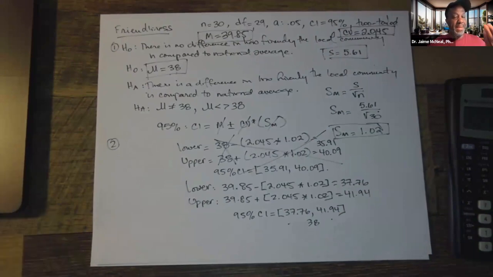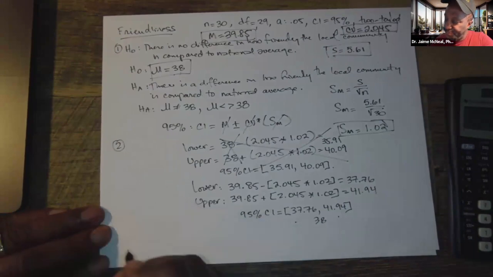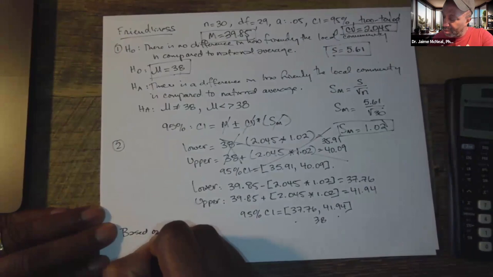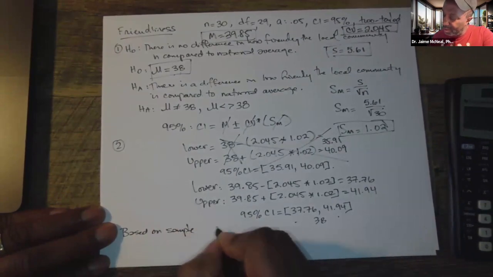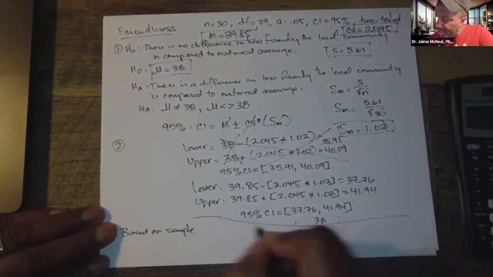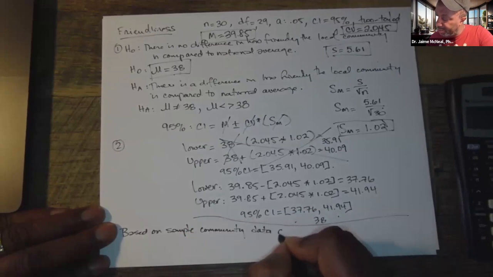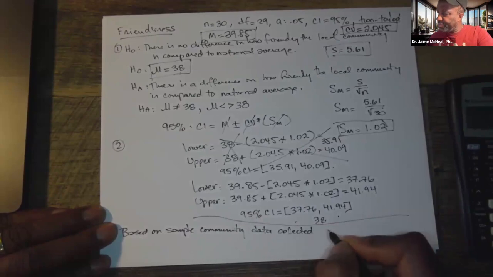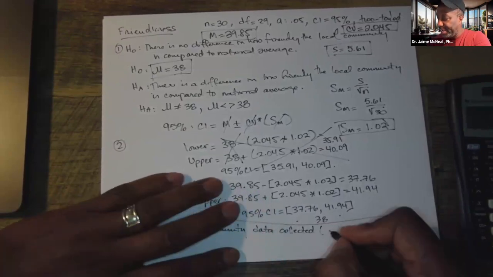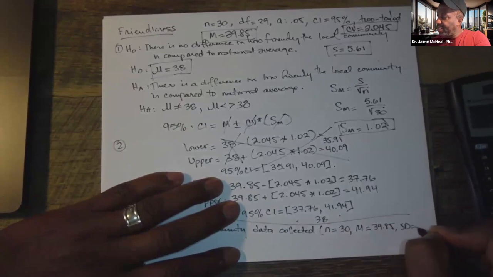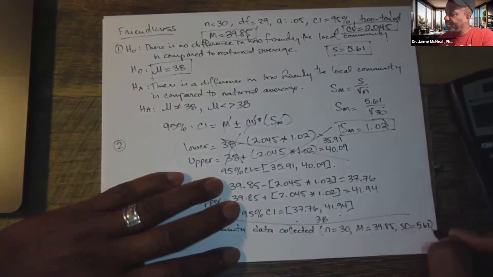It says that based on our sample community, let me write it out. Based on sample community, data collected. I always like to describe all the data. N equals 30. The mean equals 39.85. And the standard deviation equals 5.61.